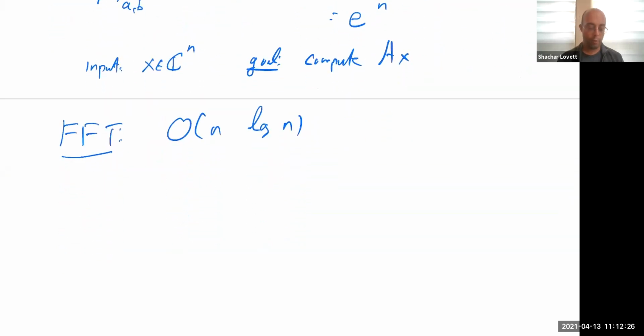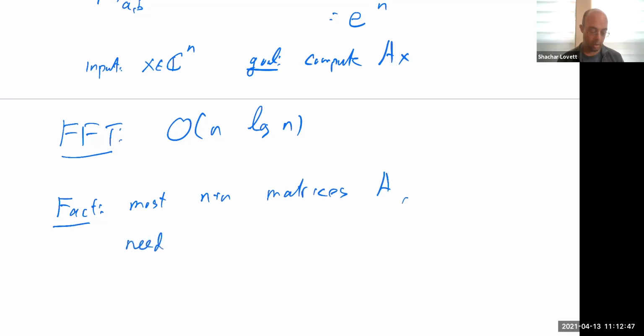Here's another fact. For most n by n matrices A, you need something like n squared over log n time to compute Ax.